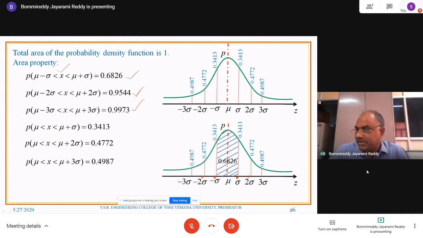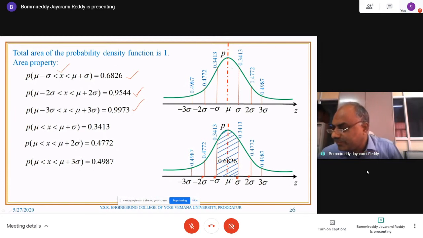The area covered will be 99.73%, leaving a very small value on the other side. Sometimes in the examination in mathematics or in structural design subject, this may be the question.